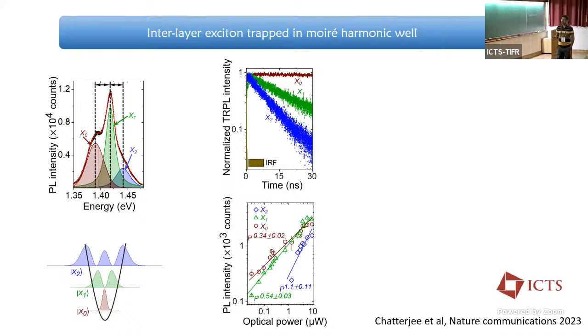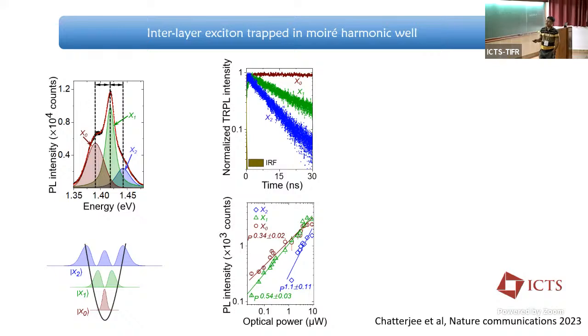The other interesting effect we observe is the power law. Let's say you increase the power and observe the photoluminescence intensity. Typically, if you have a free exciton and nothing else perturbing the system, the exciton intensity, with one line of math, will be proportional to the power that you are introducing. Here, the topmost one is almost like p to the power 1, so that makes sense.